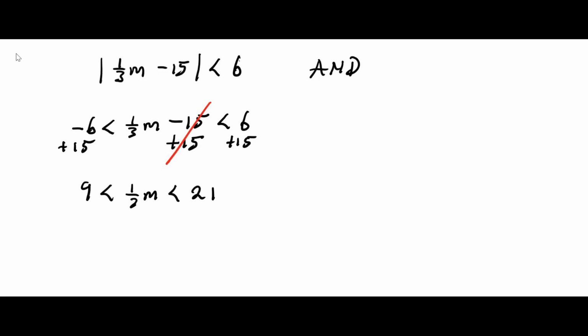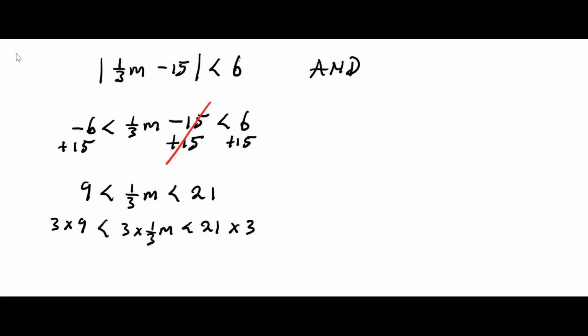So now we can multiply each term by 3. So you can multiply this by 3 times 1/3 m times 3.